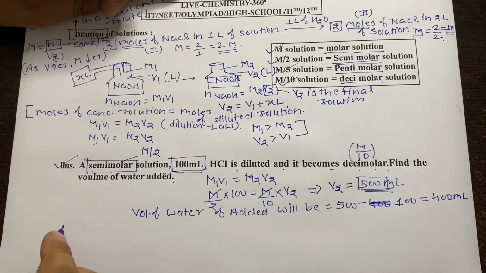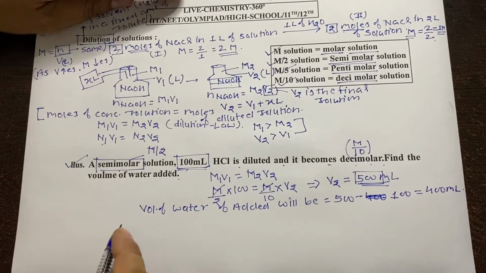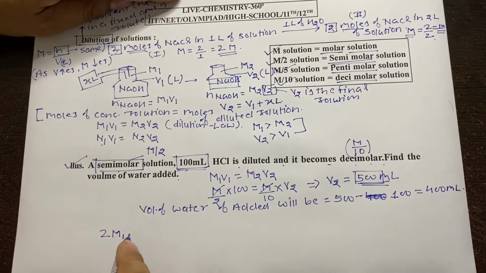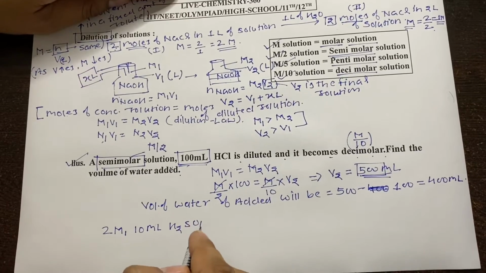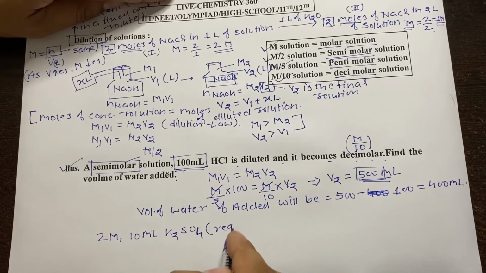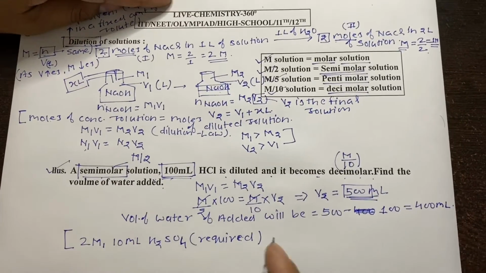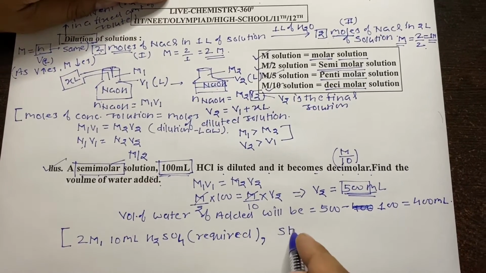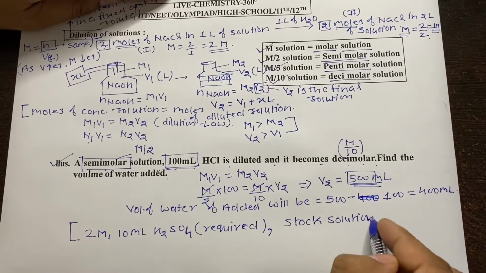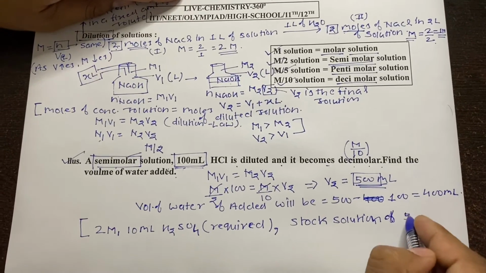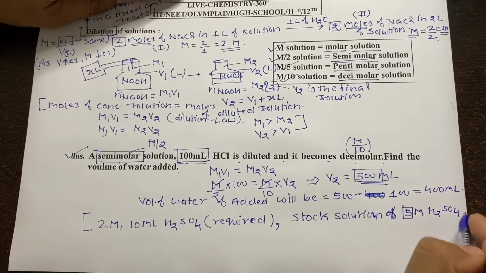We can take one more example to understand the concept of dilution. Suppose in the chemistry lab your teacher instructs you to carry out a reaction which requires 2M 10 ml H2SO4. This is the required concentration and volume to carry out a particular reaction, and you have been provided a stock solution of 5M H2SO4.